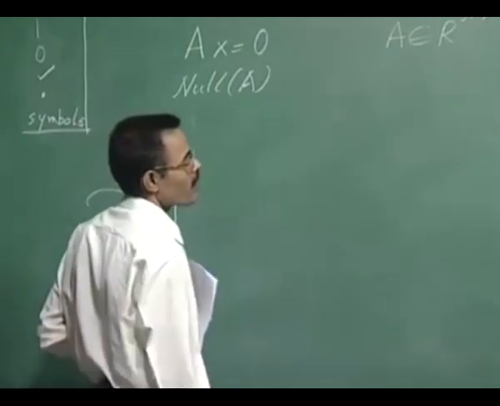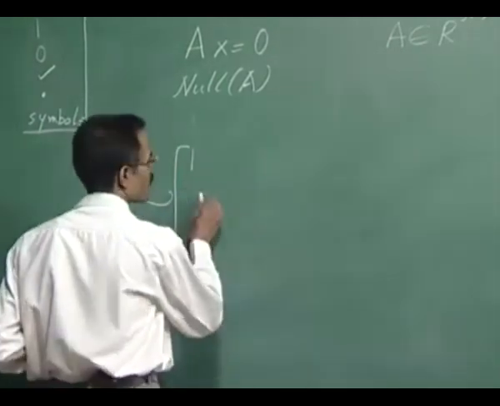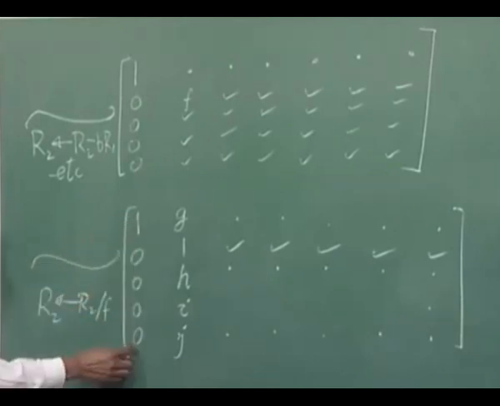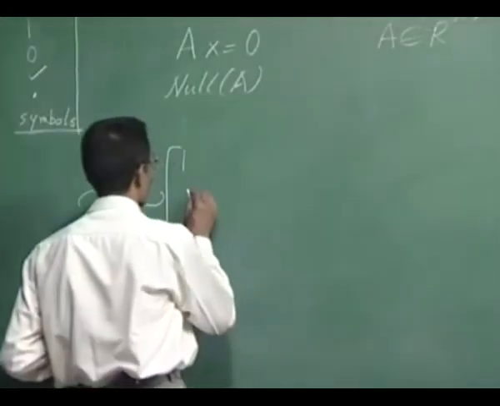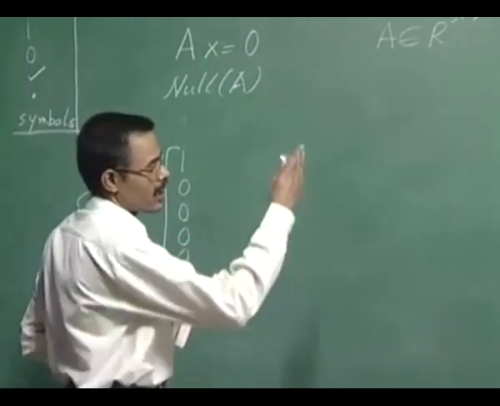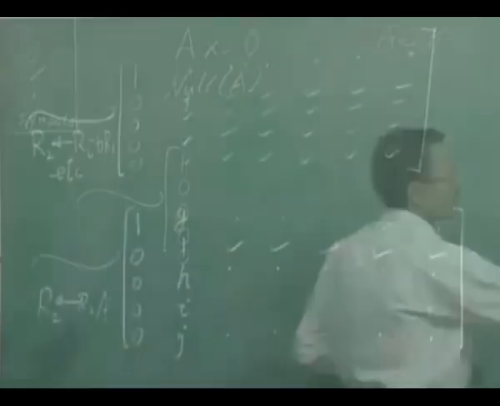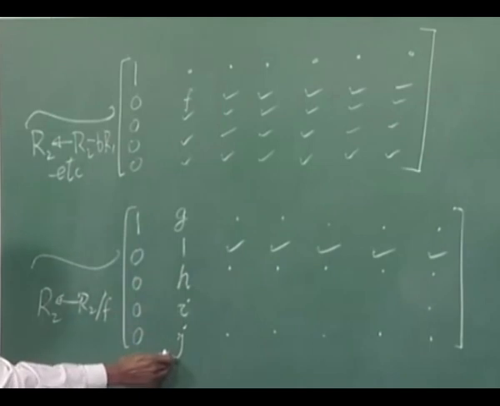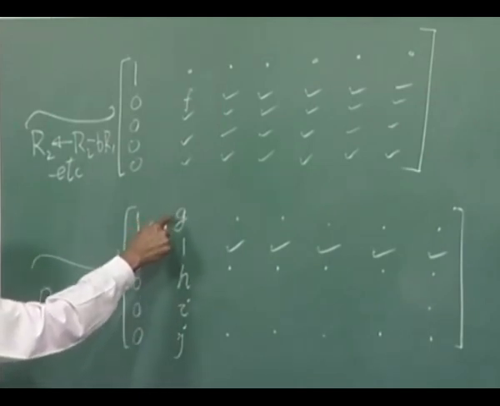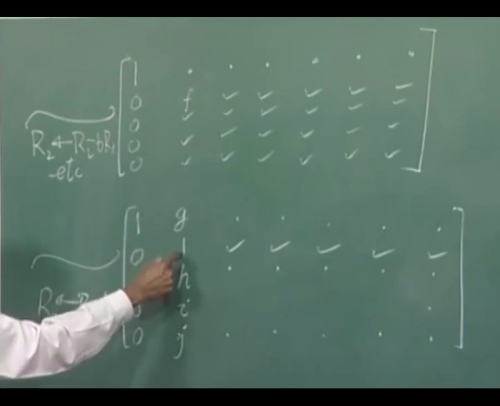In the first column, there will be no change, because this 0 will fail to make any changes here. That has been part of the strategy, right. In the first column, these entries will become 0 by R2 equal to R2 minus R1, R1 equal to R1 minus G into R2 and so on.